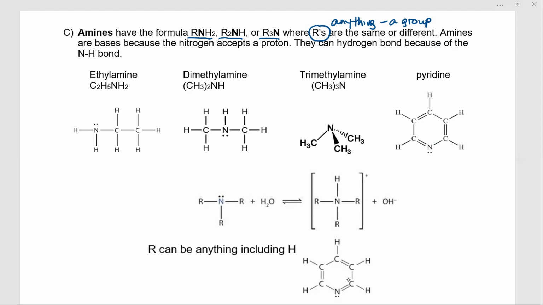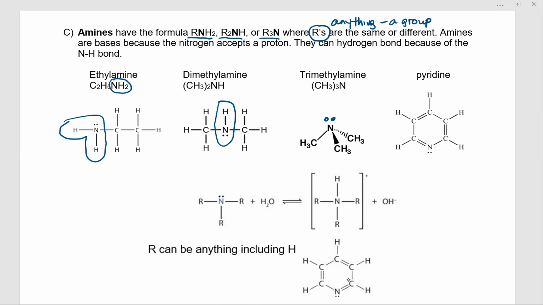So let's take a look at amines and identifying where they are on a molecule. So our first one is ethylamine. Look for that NH2. There we go. It's right there. Dimethylamine. Trimethylamine, it's missing its lone pair here. Okay, we know it would have a lone pair because we have to fulfill the octet rule.